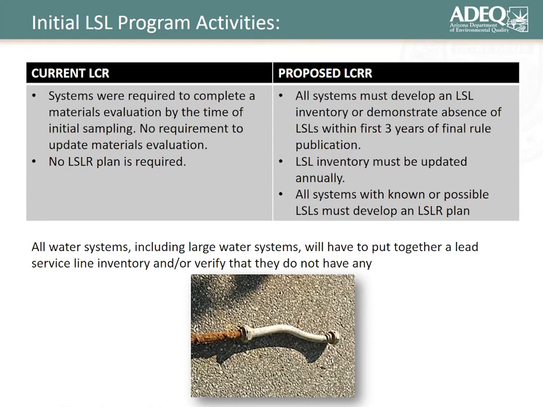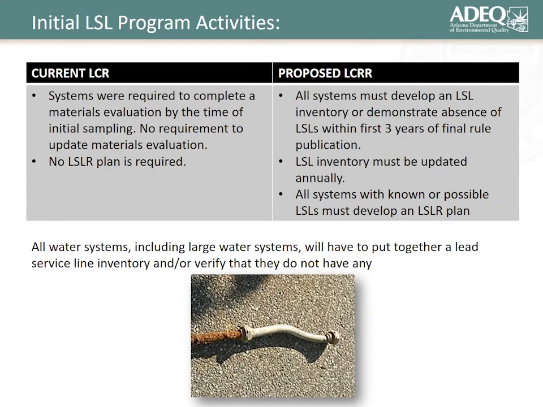Once they have that lead service line materials inventory identified, they have to develop a plan to implement any replacements depending on the 90th percentile concentration. As I mentioned before, there's a trigger level of 10 parts per billion, or micrograms per liter, at which a system is held to start becoming proactive and preventative to avoid exceeding the 15 parts per billion action level.